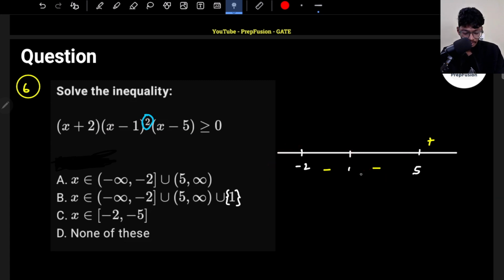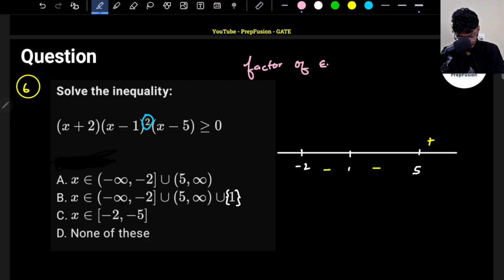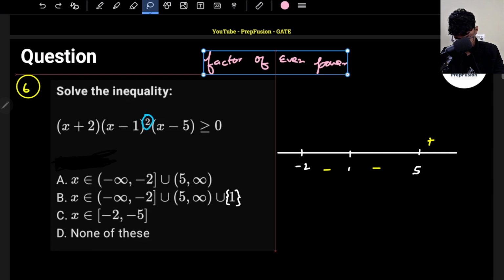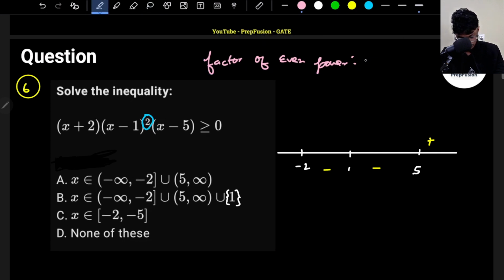So why did the sign remain the same? The sign is the same because the critical point is getting repeated twice. So basically, whenever a factor of even power comes, there is no sign change.